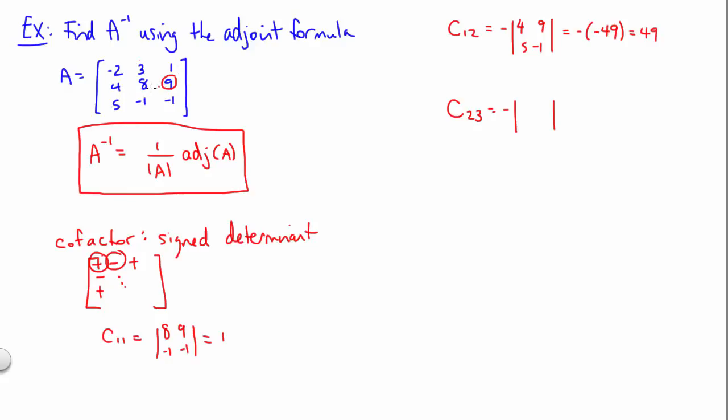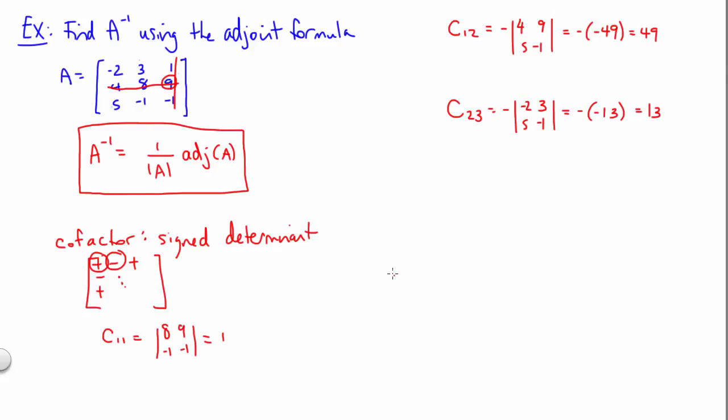I've just cleaned up our matrix A a little bit so that we can see the entries more clearly. Crossing out the second row and the third column, the determinant that remains is the determinant of negative 2, 3, 5, negative 1. So what we've got is negative 1 times minus 13, and that gives us positive 13.